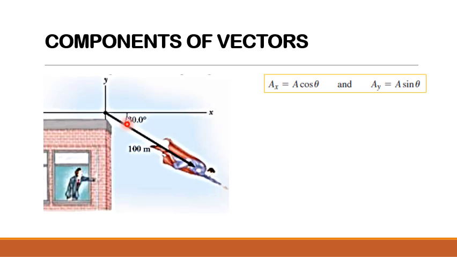Of course, we have to use the unit circle to identify the angle from the x-axis. To do that, you have to imagine you have encircled that. The entire thing is 360 degrees minus 30, that's 330 degrees. That's the angle that we're going to use when computing for the x component and y component of the vector.